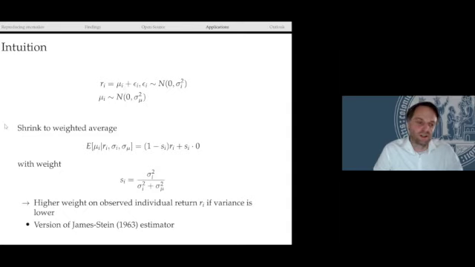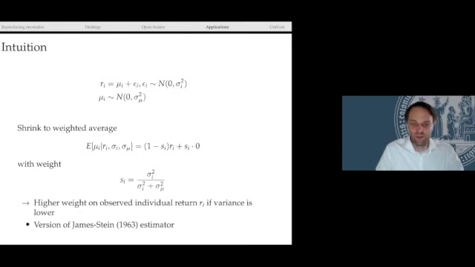And what we do is essentially we shrink the in-sample return to the overall expected mean return. The question is just what is the weight that you should put on the overall mean relative to the in-sample mean that is provided by a paper. This is an old estimator from the 60s. It's known as the James Stein estimator.